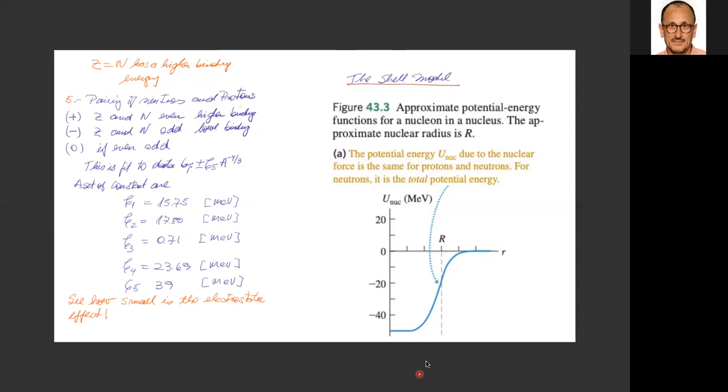Now you have to replace it by this thing that is very attractive in a very small radius, and very deep in energy also, and so it confines the particles of a nucleus to live in this very small spatial range here, R.